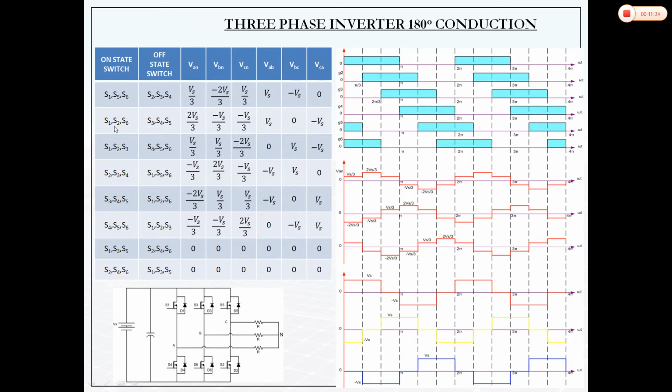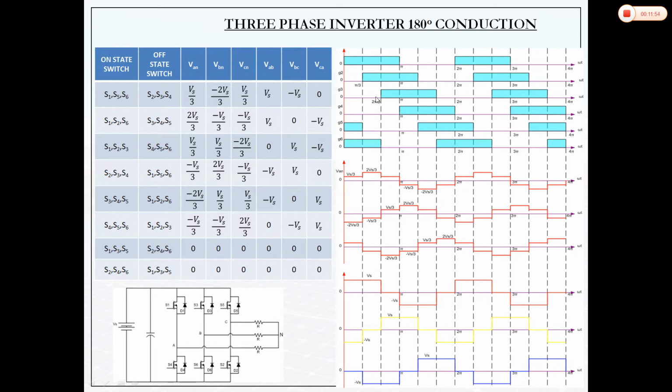So 1, 2 and 6 are on, and 3, 4 and 5 are off. Similarly for other intervals you can observe which switch will be turned on and which switch will be turned off. So in the explanation of the three-phase voltage source inverter in 180-degree conduction, you have to draw this table.